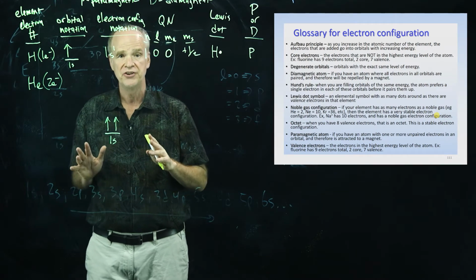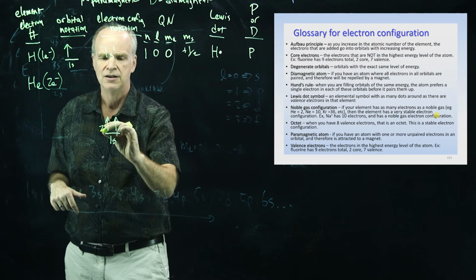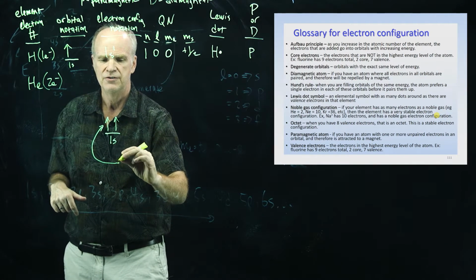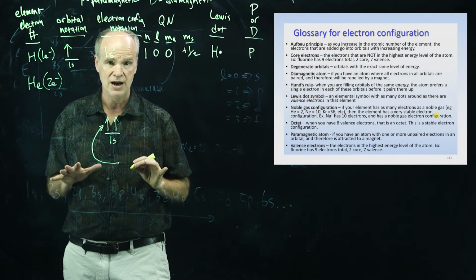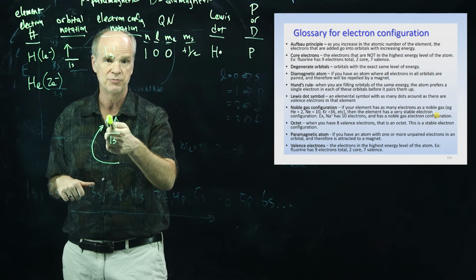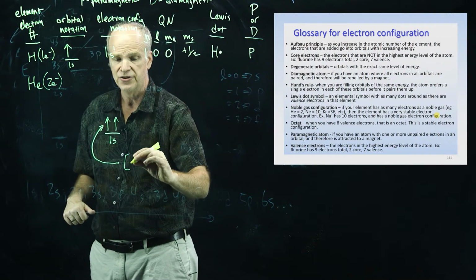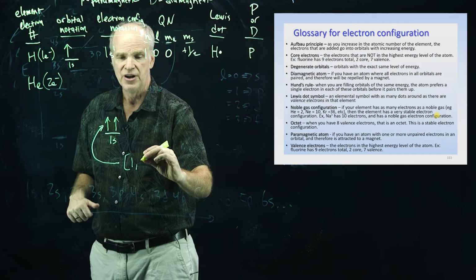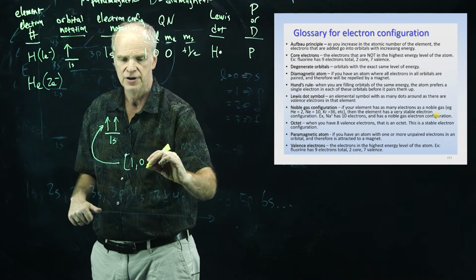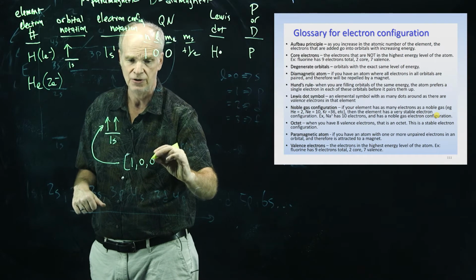Now, there's another reason why this is wrong. Let's say we were to write the four quantum numbers for this electron on the left, the one that's pointing up. n is 1. It's an s sublevel, so l is 0. There's only one orbital in the s sublevel, so the next quantum number is 0.